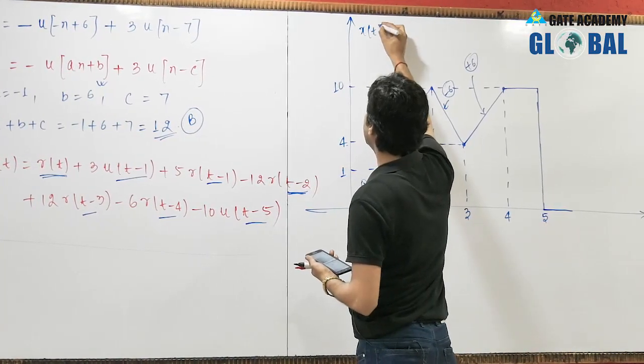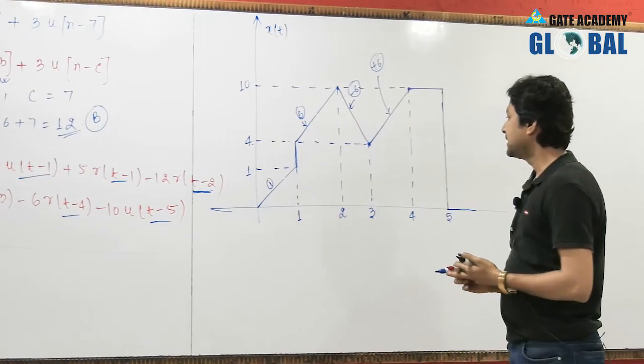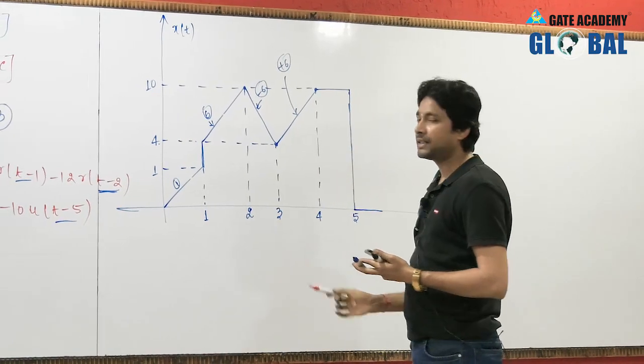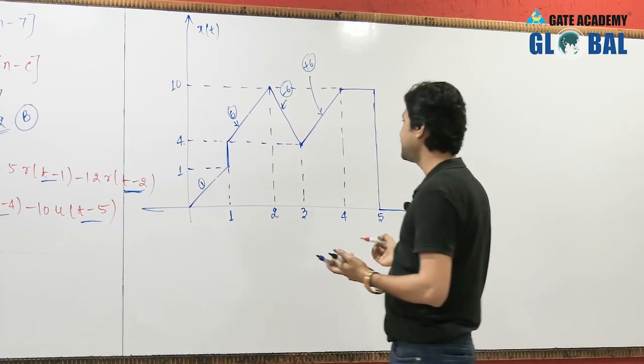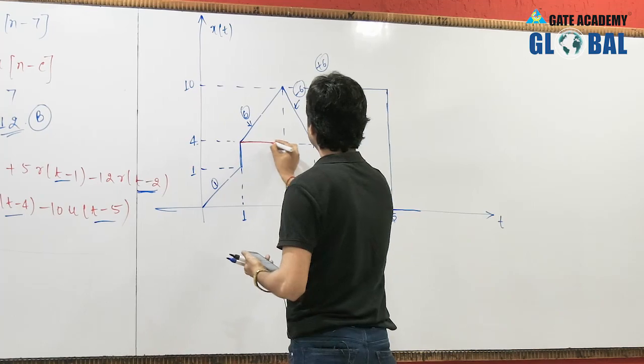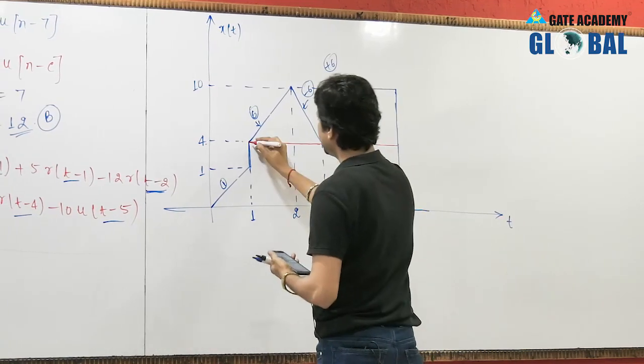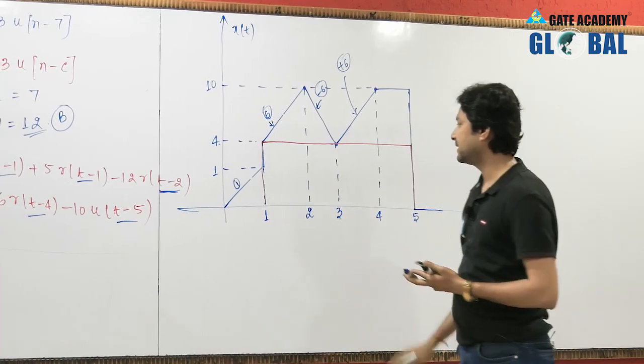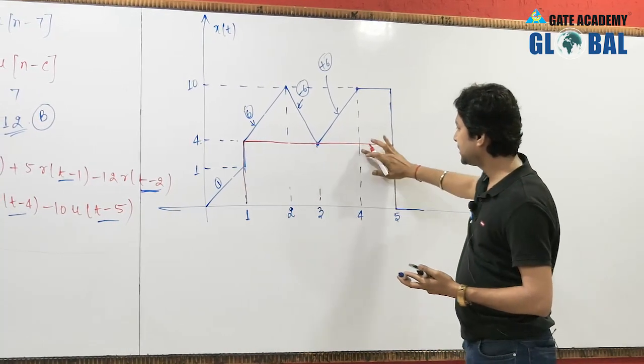It is our signal x of t. So if you have to find the area of this signal, then simply you can divide this function in terms of rectangular and triangular functions. If you take this rectangle, now no need for these dotted lines.